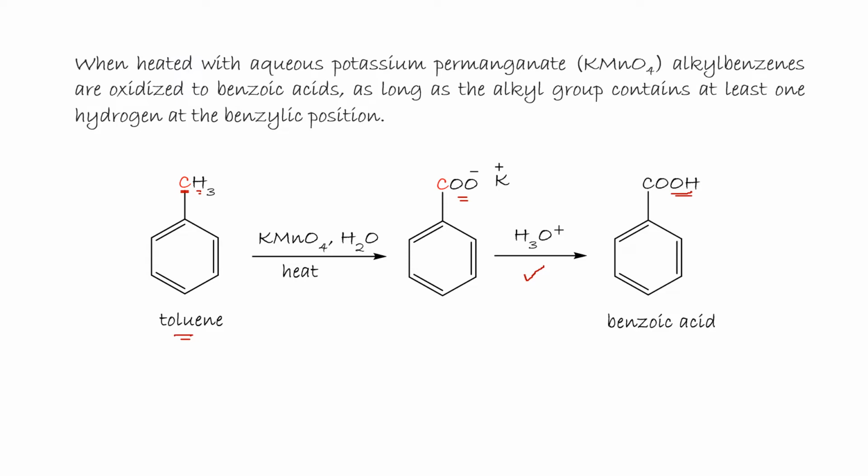But if we do the reaction in base, again it will form a salt and we have to add acid. If we do the reaction with potassium permanganate in acidic medium, then we don't have to add acid because there is acid already and we get the free acid at the end of the reaction.